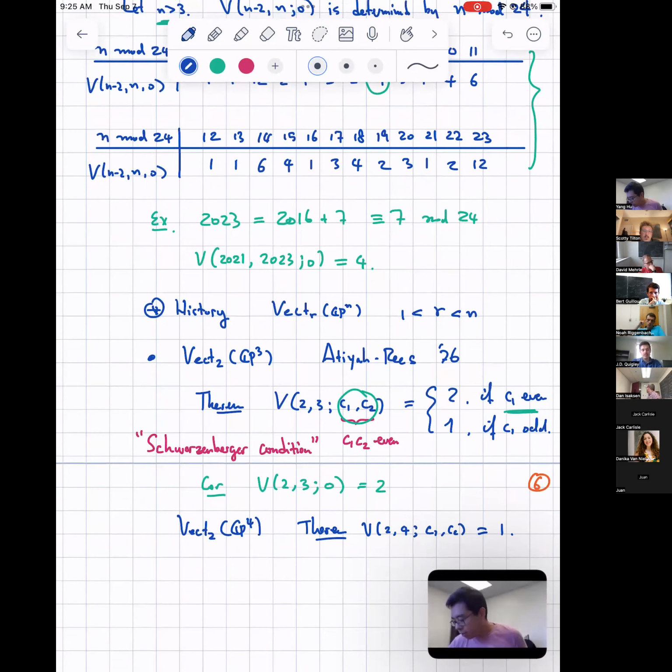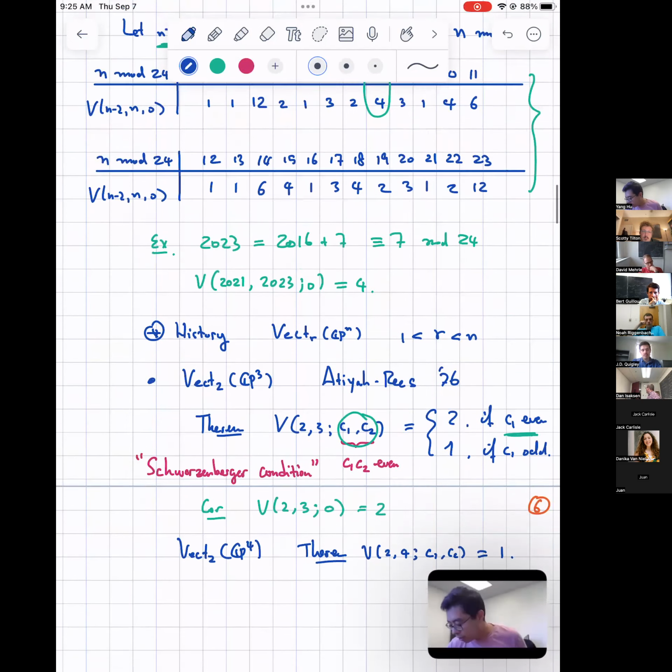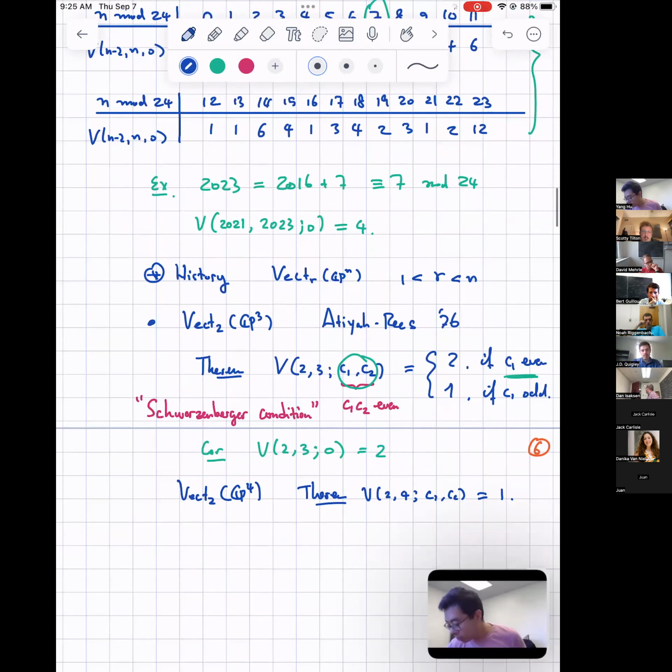So in that case, there's no failure of Chern data being a complete invariant. And furthermore, the cases of rank 2 bundles over CP^5 and rank 2 bundles over CP^6 were studied by Switzer.